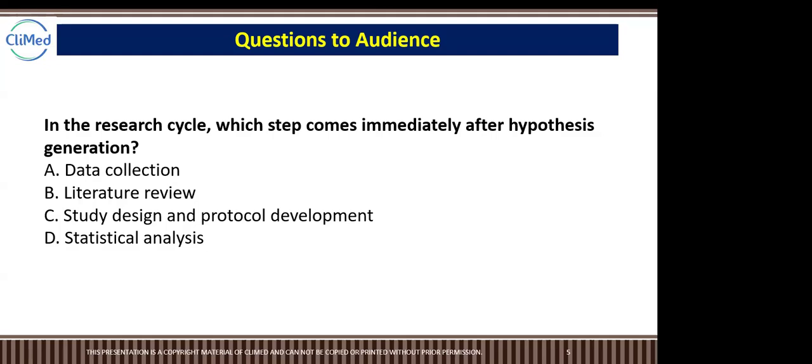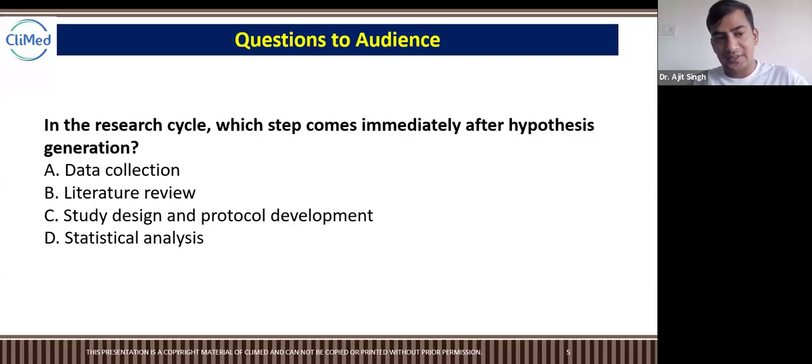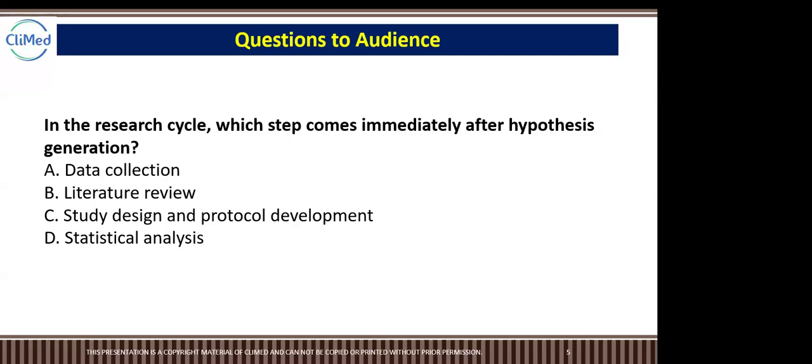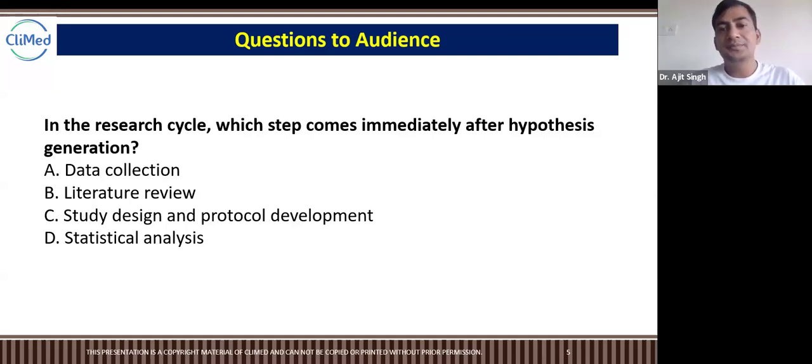Sir, first to identify the problem. After that, we'll go for literature search, then aims and objectives, and then methodology, and after that, we'll go for data collection. Okay. Where is hypothesis generation?